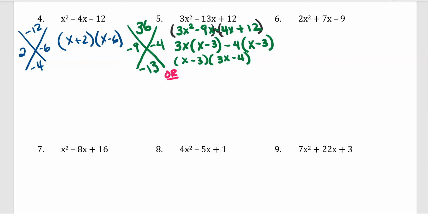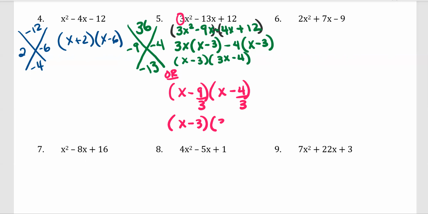So the super shortcut here is to go x minus 9, x minus 4, and then divide by A. So 9 divided by 3 is 3. 4/3 doesn't simplify. Slide the 3 up in front of the x, and we have the same answer. Just another method, just another way to factor the same problem.